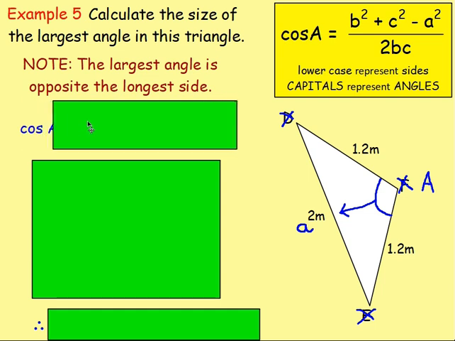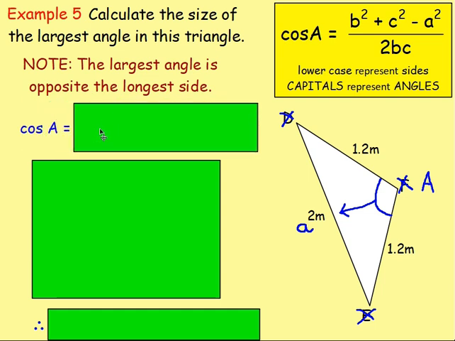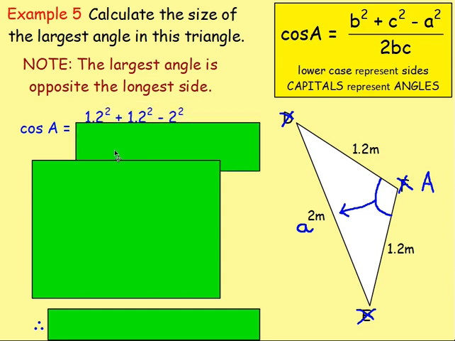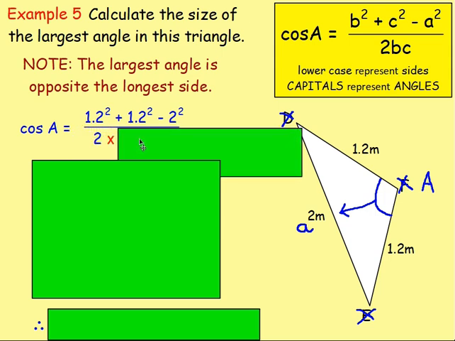So from there, I'd say cos A equals B squared plus C squared, the B and the C are the 1.2 and the 1.2, and I'm taking away the A squared, and A is 2, so take away 2 squared. Dividing that by 2 times B times C, so that's going to be 2 times 1.2 times 1.2.